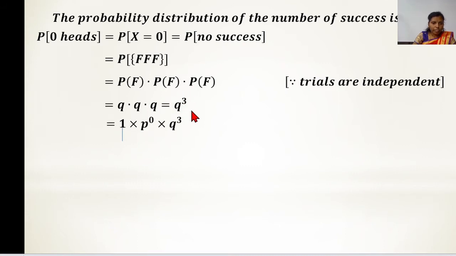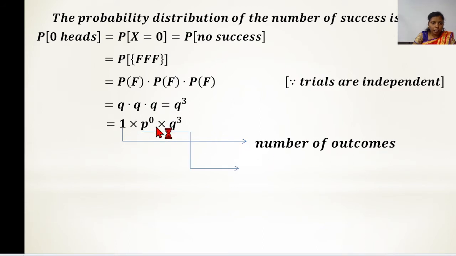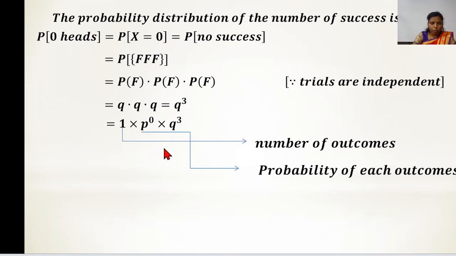It can be written with coefficient 1 into P raised to 0, since any number raised to the power 0 has value 1. Therefore, it can be written as P raised to 0 into Q raised to 3. Here, 1 is the number of outcomes, and P raised to 0 and Q raised to 3 is the probability of each outcome. Therefore, P of X equal to 0 is equal to 3C0, P raised to 0, Q raised to 3.